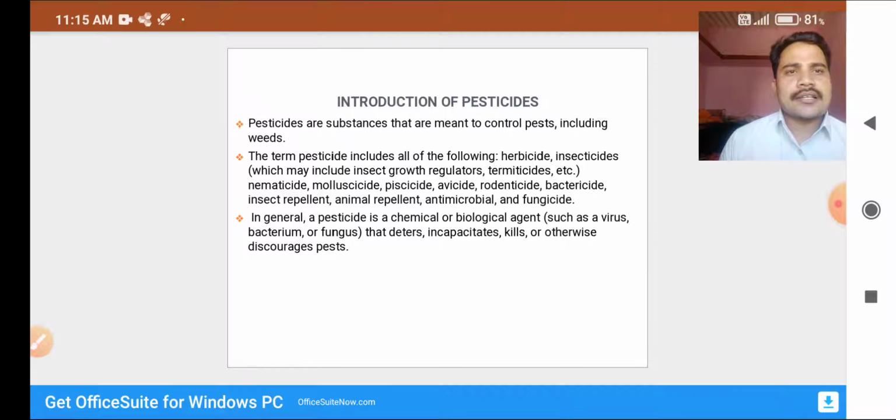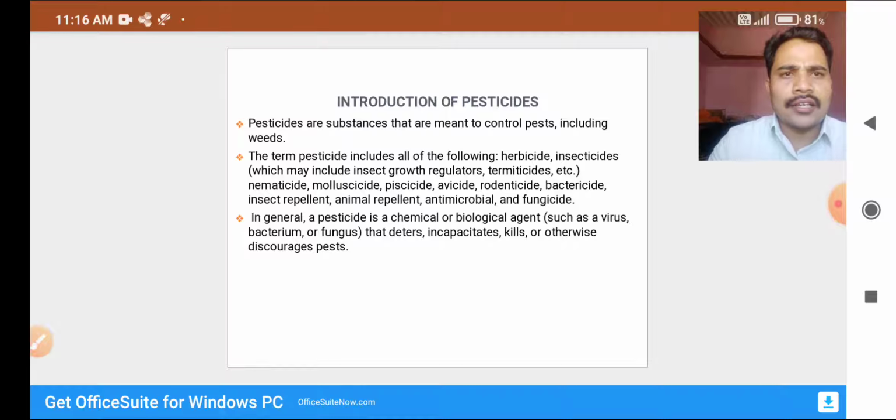The term pesticides includes all of the following: herbicides, which act on plants; insecticides, which act on insects and may include insect growth regulators, termiticides, etc. It also includes nematicides, molluscicides, rodenticides, bactericides, insect repellents, animal repellents, antimicrobials, and fungicides.